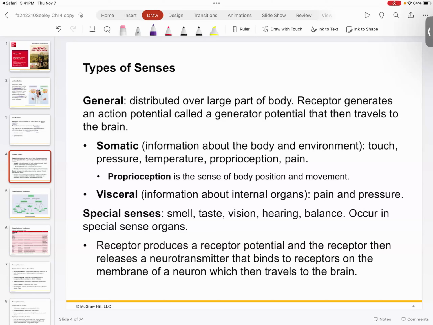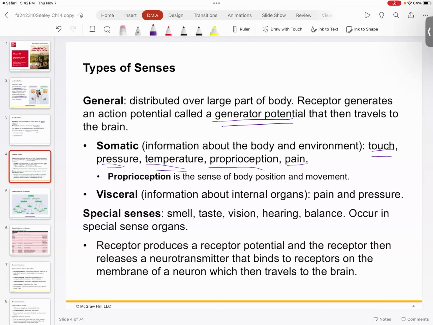In a general sense, it will fire off an action potential that goes to the brain, called the generator potential. Oftentimes this is somatic information, about the body and its environment. A good example would be touch and pressure, temperature, pain, and proprioception.